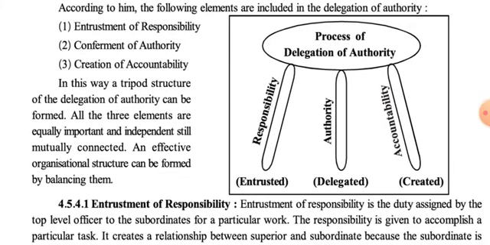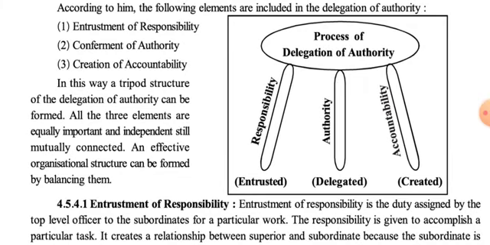In this way, a tripod structure of the delegation of authority can be formed. We can see very clearly from this diagram that the tripod structure is formed with the delegation of authority. All the three elements are equally important and independent, still mutually connected.